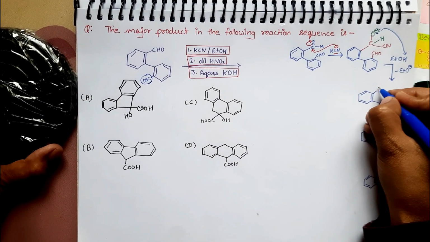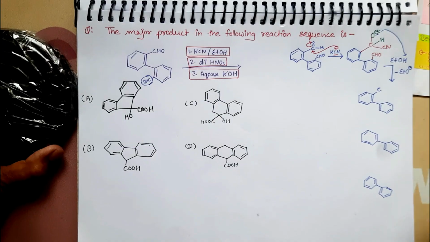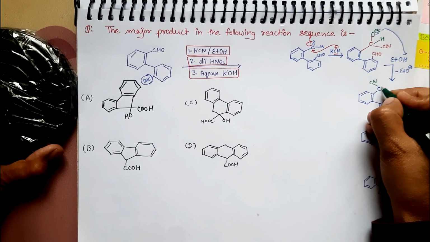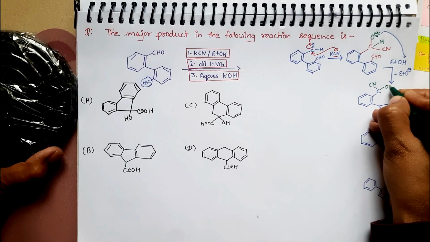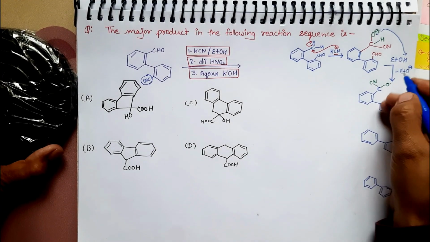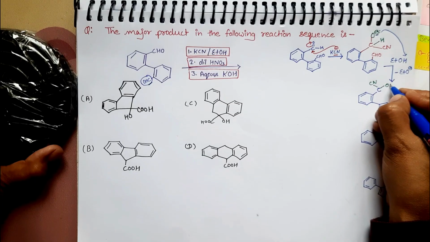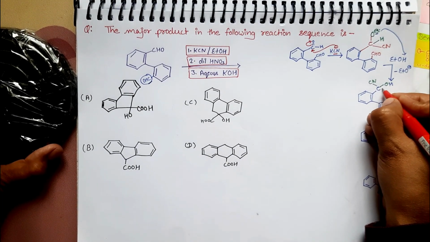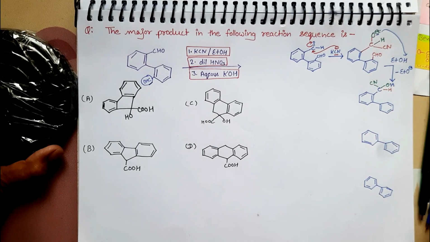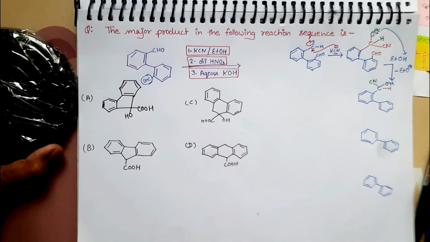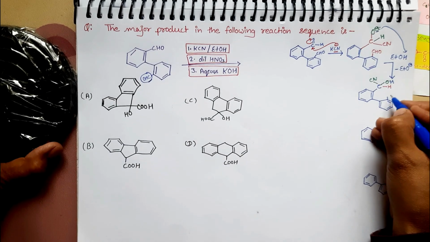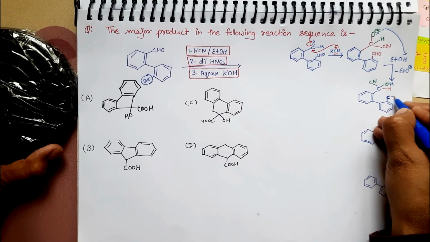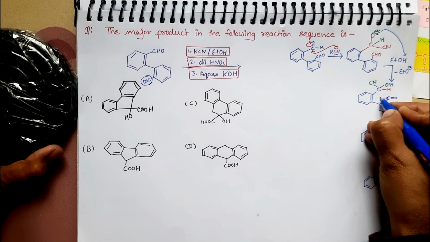Here cyanide, here OH, and here one hydrogen, and we have one aldehyde group here. So we draw the aldehyde group like this.